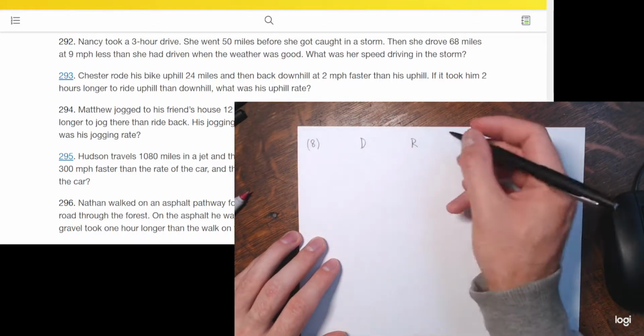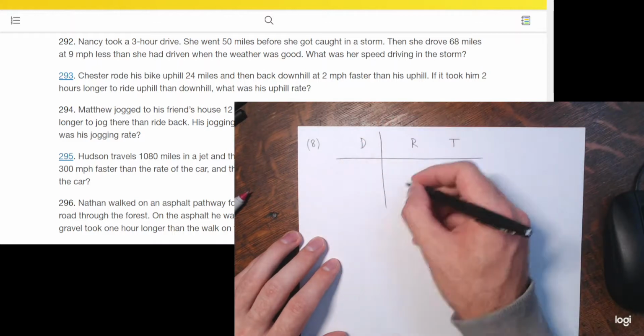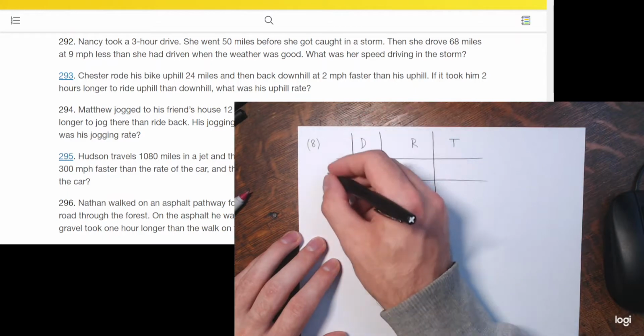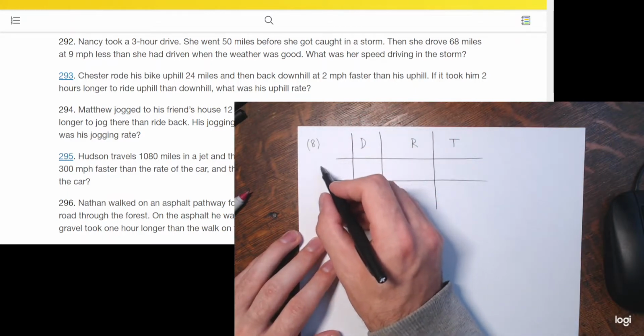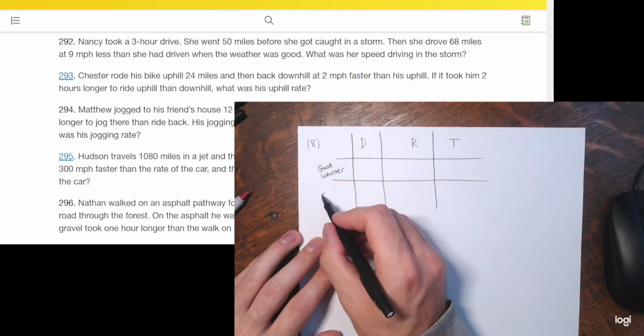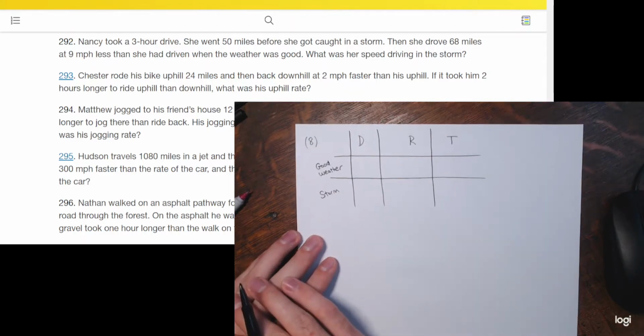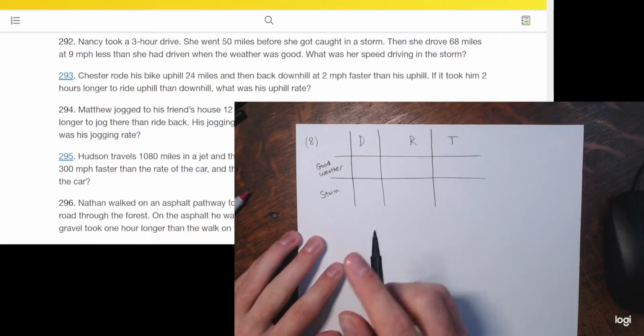Distance in miles, the rate in miles per hour, and the time. And the 2 rows, we have driving in good weather, and we have driving in the storm. Now the question at the end is, what was her speed driving in the storm?